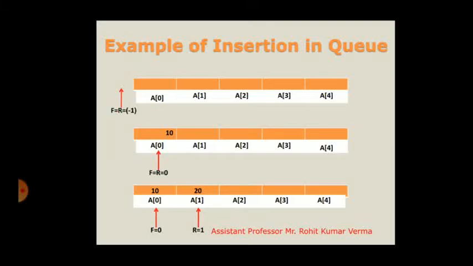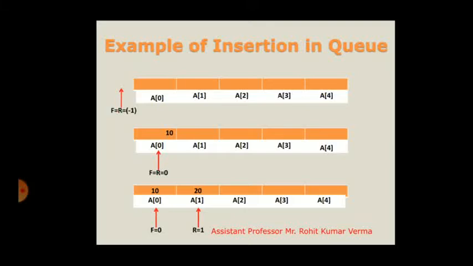But if you want to add 20 again, you can find out what our next location is. Dear students, after A0 our next location is A1. So here you can see our rear points to A1, and our front remains at the previous location.